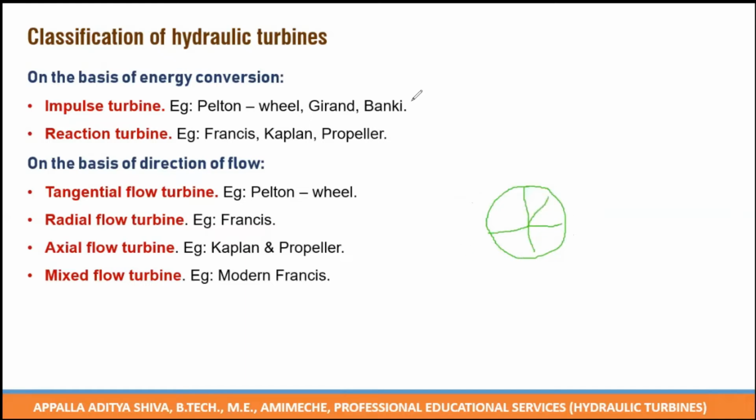So if the water is flowing in this axis itself, along the axis of rotation, that is along the turbine shaft line, then we call it an axial flow turbine, wherein the inlet and exit streamlines are along the same line. This is what we call axial flow turbine, and the best example is the Kaplan or the propeller turbine.